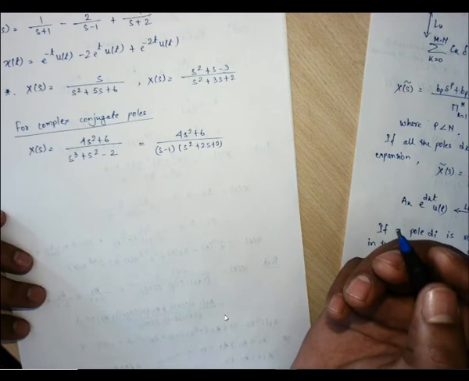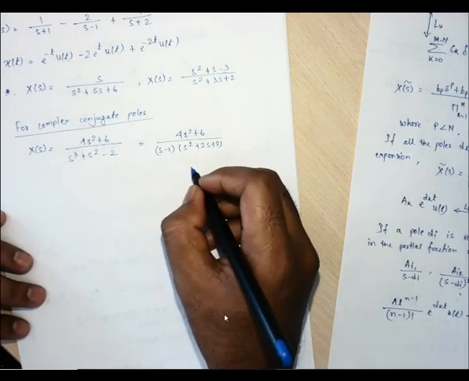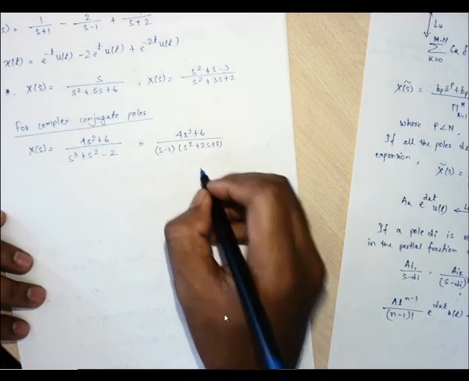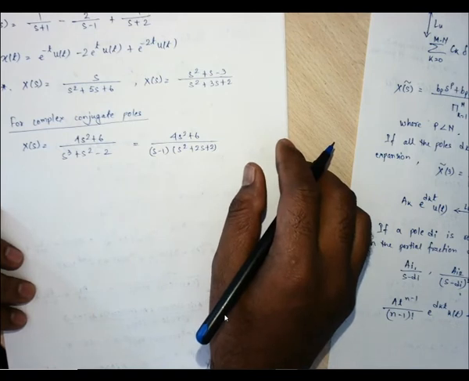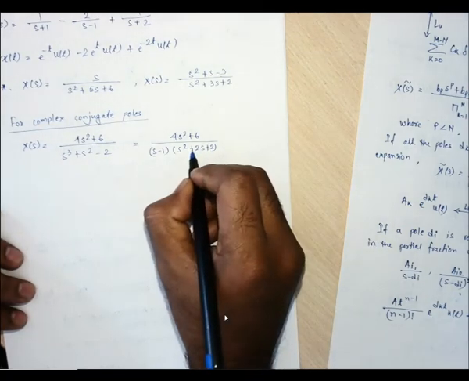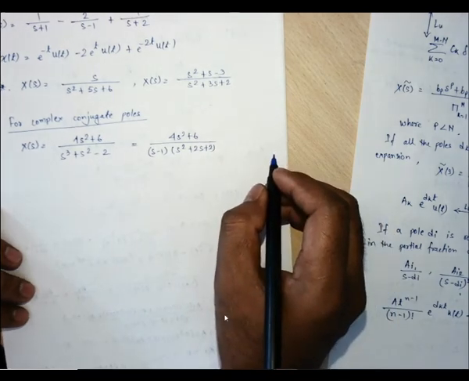For this case, we need to find out the roots of this s square plus 2s plus 2. So it can be written as (s plus 1) whole square plus 1.